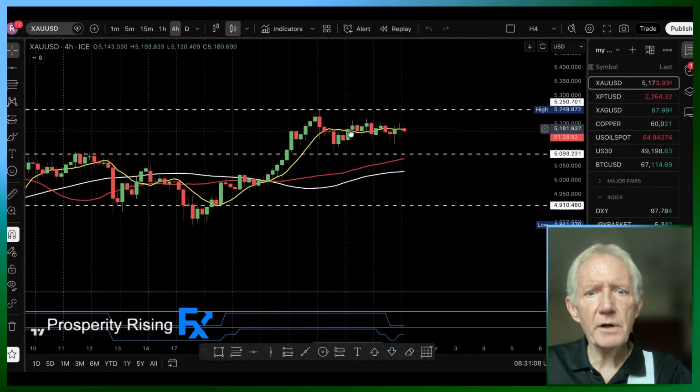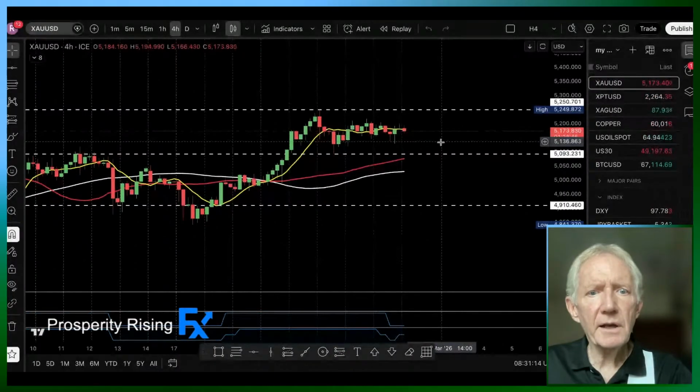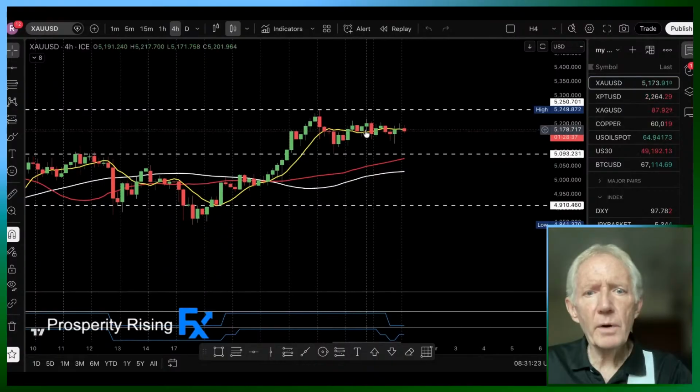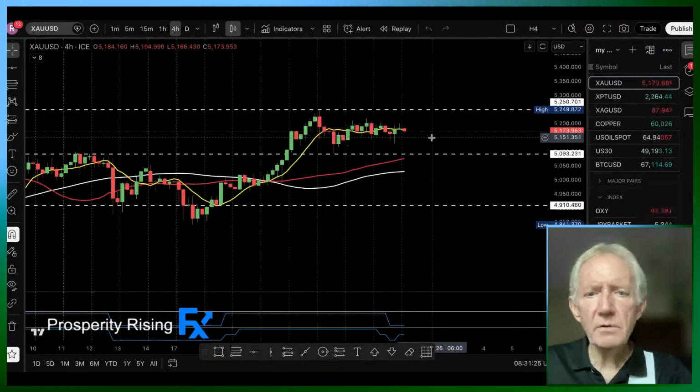This is just day trading, guys. You cannot hold any of these gold trades for very long. Get in, get out. If you get 100 pips, 150 pips, you've done really well. So there is no clear direction. Gold is neutral.